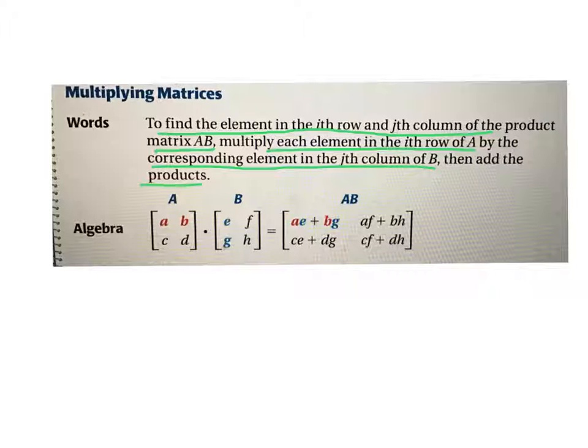When we're looking for our new matrix, that's a 2 by 2, that's a 2 by 2, so we're allowed to do it because the twos are the same, and our answer is going to be a 2 by 2. To get the first number there, I'm going to take the first row in the first matrix, multiply it by the first column in the second, and add those products together to get my first entry.